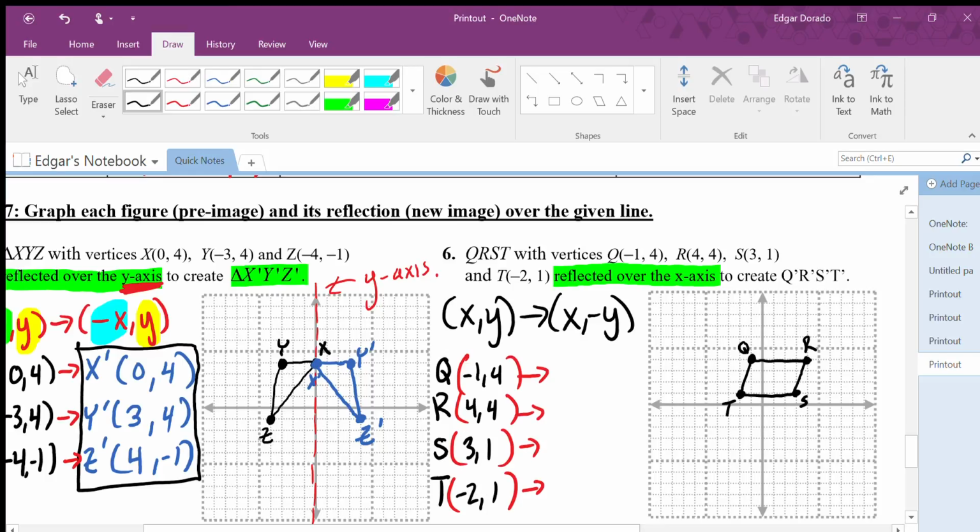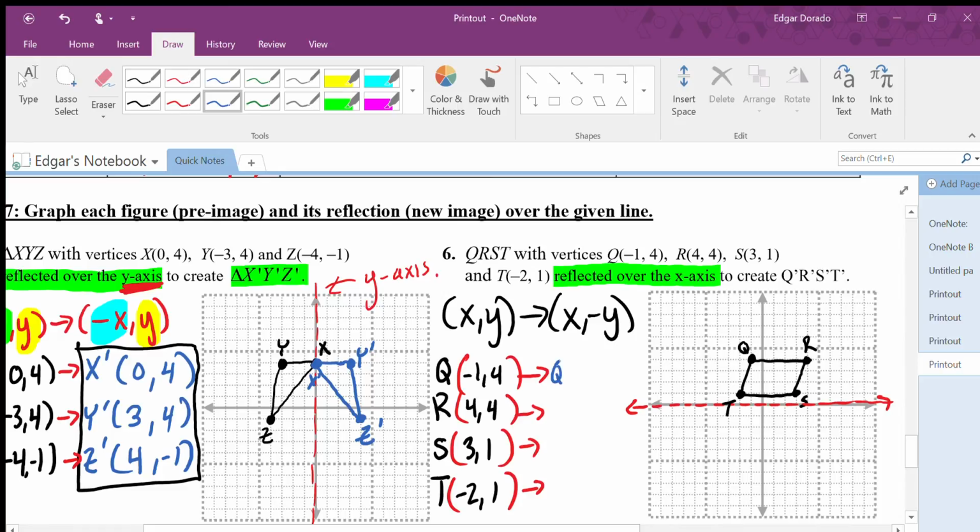Now, it says we want to reflect over the x-axis. So we're going to reflect along this axis right here. Maybe you can already kind of picture in your head what this is going to look like. Right here, this is exactly 1 unit up, so it's probably going to be 1 unit down. This is 4 units up, so it's probably going to be 4 units down. But let's not speculate, let's actually graph this.